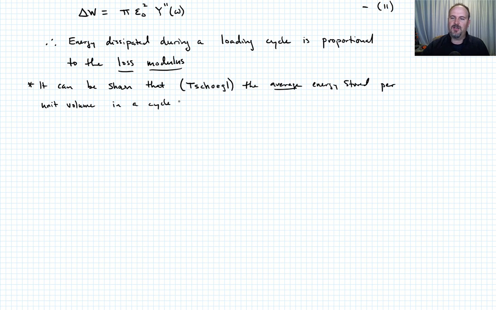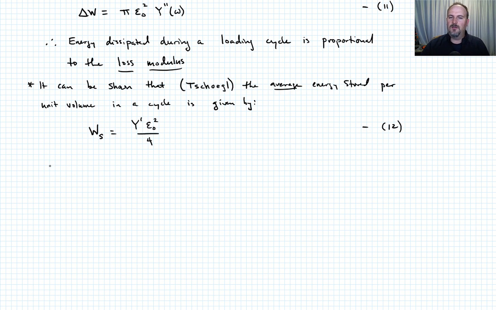So I'll just tell you what the answer is. It's given by a very simple equation that's very hard to get to, which I'll just call Ws for energy stored, equal to y prime, the storage modulus, times epsilon naught squared divided by 4. We'll call that equation 12.